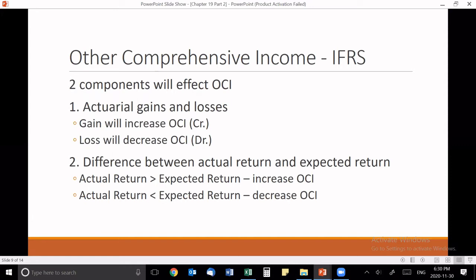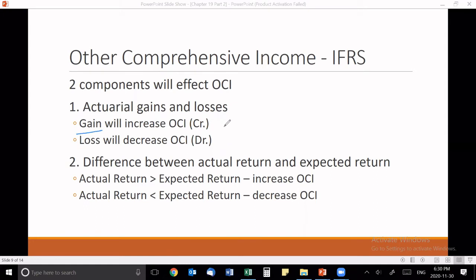There are 2 components that will go into other comprehensive income instead of going into pension expense. I said that actuarial gains and losses were missing from pension expense. That is something that will go into OCI instead. IFRS says we're not putting actuarial gains and losses in pension expense, we're going to put them in OCI. Any actuarial gain is going to increase OCI.